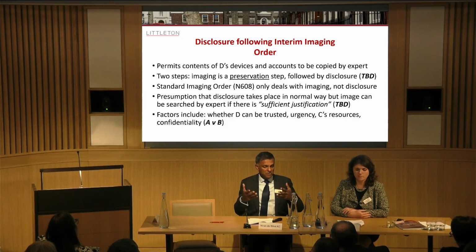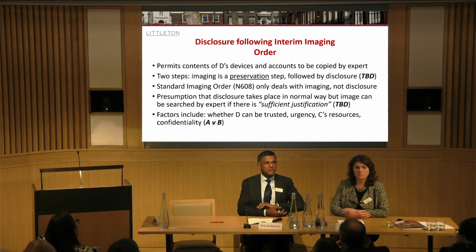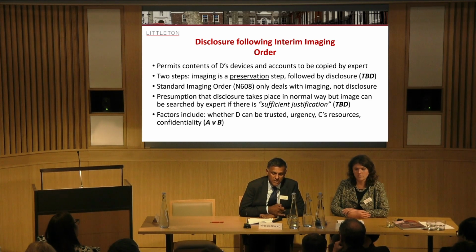And trusted can be an issue of integrity, but it also can they be trusted to get it right as to what's disclosable or not. And the claimant might say, look, it's urgent, and the claimant may say, well, I have sufficient resources. But there are certainly grounds for an ex-employee to resist the inspection of the image at that stage, if they say, for example, there's no urgency and I can be trusted to carry out the inspection exercise in due course in the proceedings.